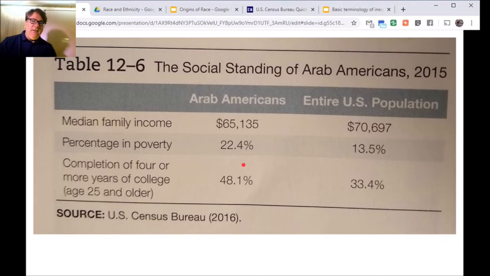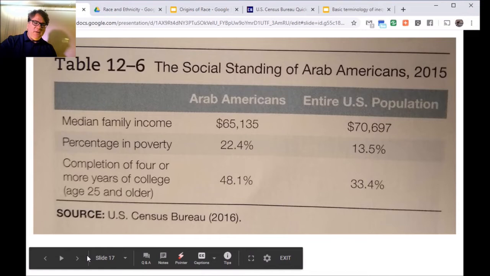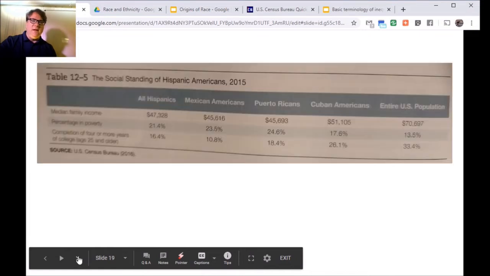So are we to think that being Arab means being well educated, but not making the U.S. average? Okay, what does it mean to be Arab? And that's going to help us to think also about this next slide when we look at Hispanics.